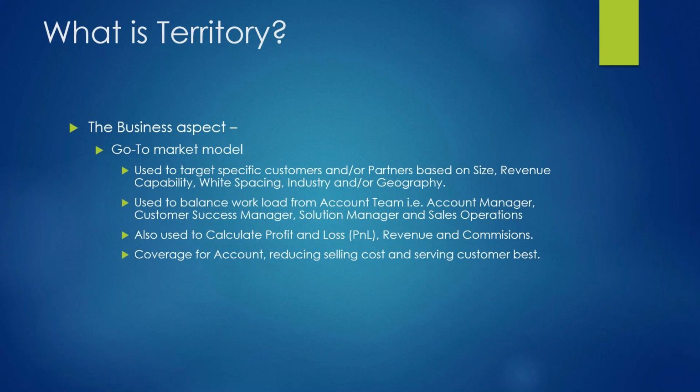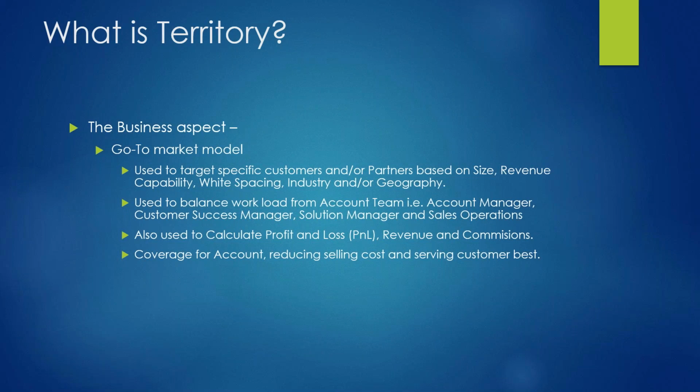In most of the cases, they actually use territory to calculate the revenue and the commission. For example, when an account manager is selling something, they should be able to calculate the commission they have to pay. It can be at the account manager level, or it can also be at the territory management level.